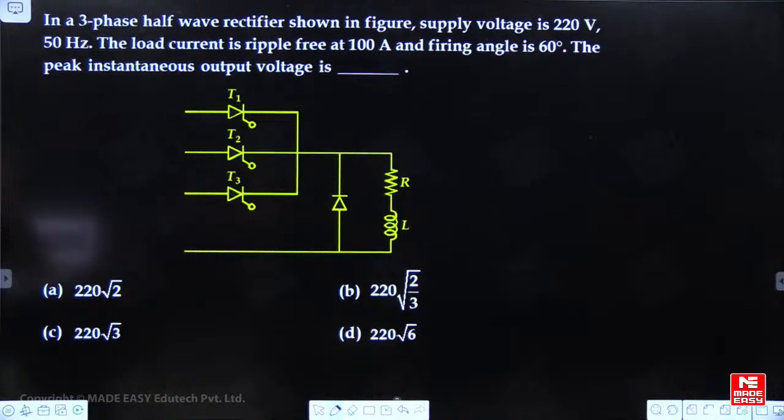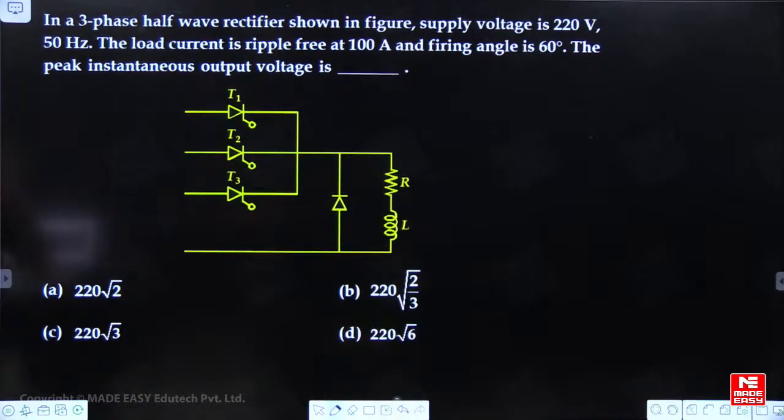Yes, Kaushik, your answer is right. Many students repeat the same mistake, I know.